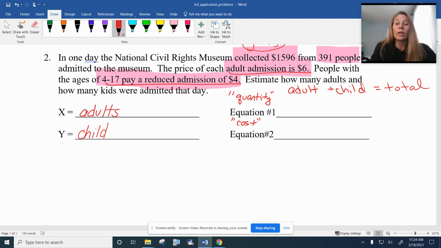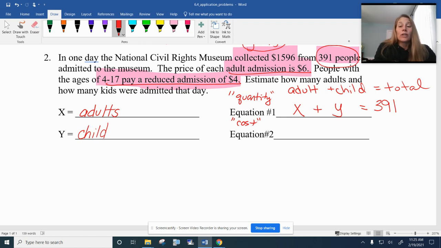We don't know, so we're going to make that x. How many child tickets were sold? We don't know that either, so we're going to make that a different variable. Why? Because they could be different amounts. But we do know the total was 391 people, so that's the quantity. So x amount of adults plus y amount of children equals 391 total people attending this museum.